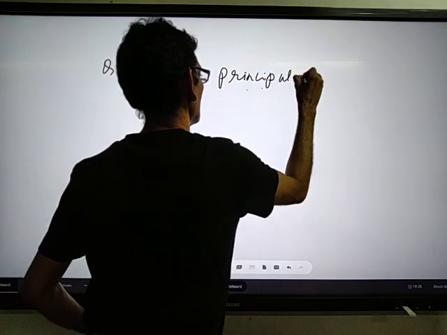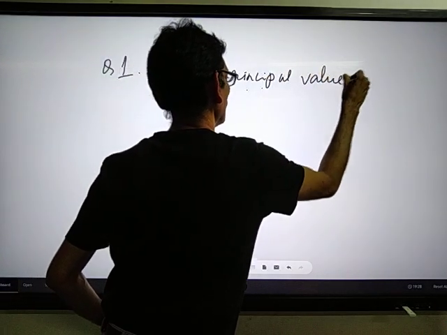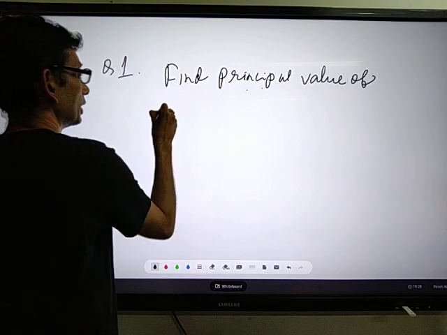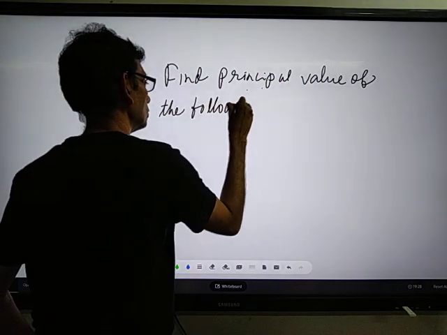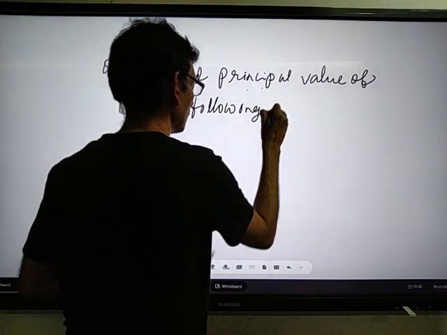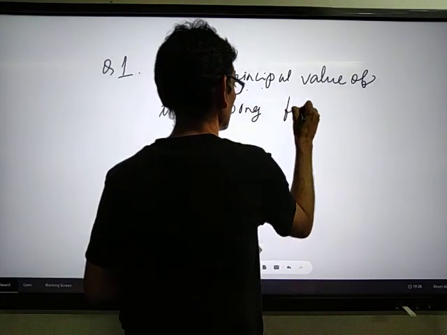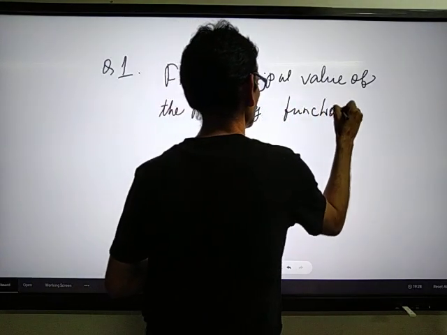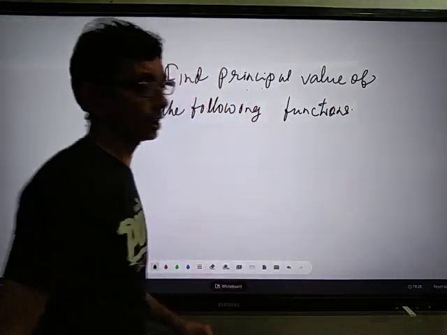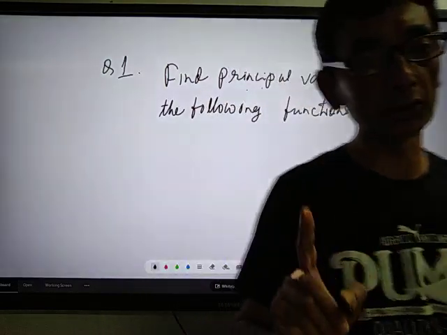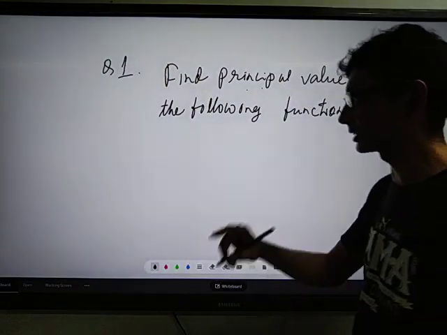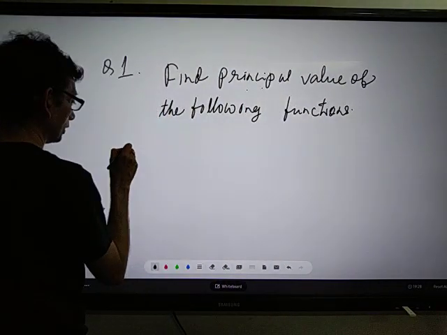Find the principal value of the following functions. Remember, these questions you are going to solve along with me. Okay, let's start. Question 1.